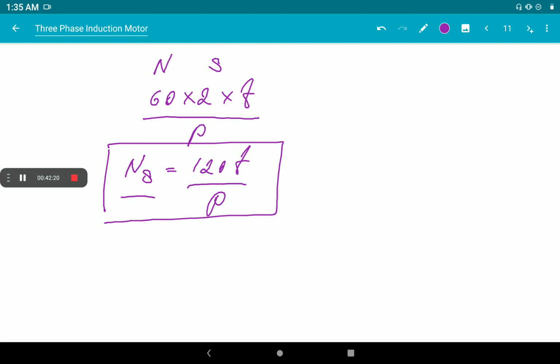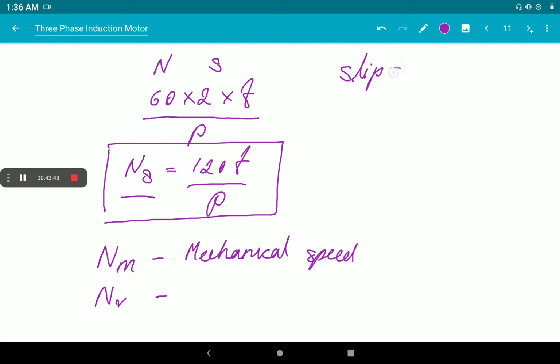The speed of the motor will be denoted as Nm. Rotor speed is denoted as Nm, called mechanical speed. In some texts, Nr also represents rotor speed. The difference between these two speeds is known as slip.